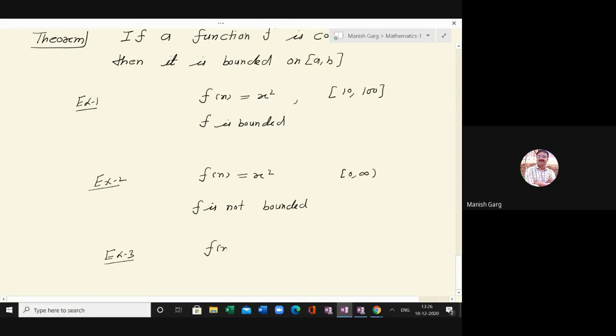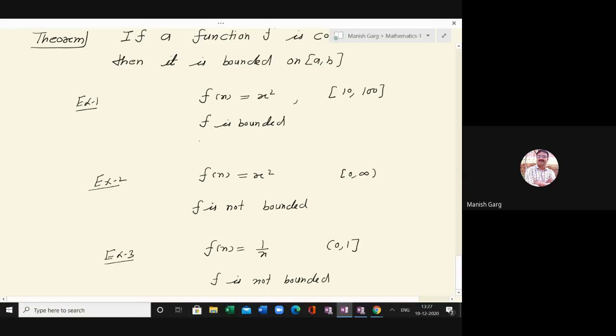If you take f(x) = 1/x, this is continuous, and you take this interval, so this is not bounded. F is not bounded because it is continuous, but you are taking a semi-open interval. So if f is continuous and the interval is not closed, then you cannot say f is bounded.